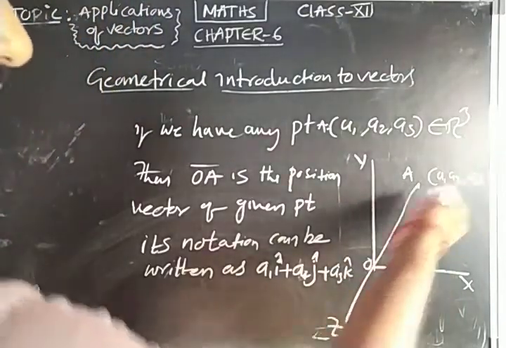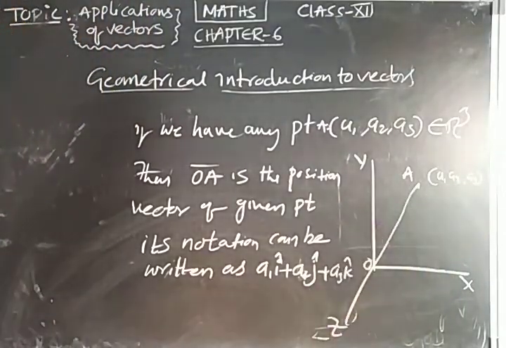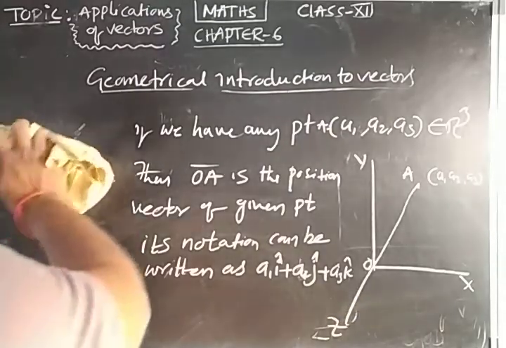So you can write every vector in this form, in this notation, in the space. This is called the geometrical representation of vectors.